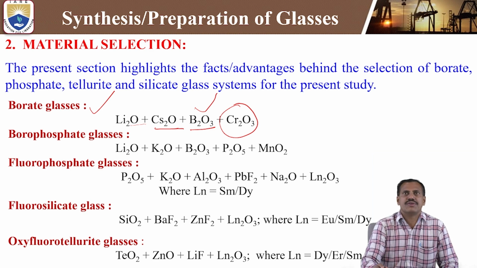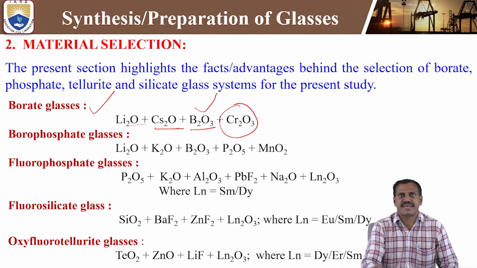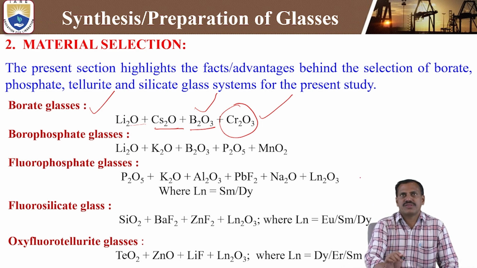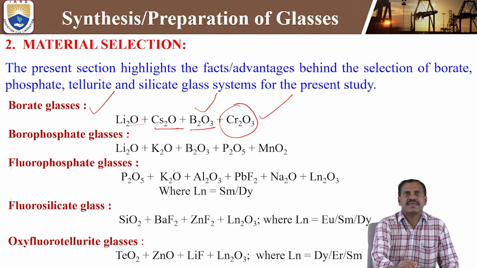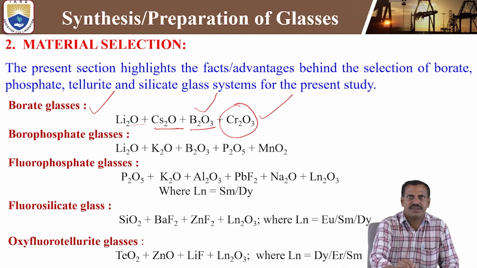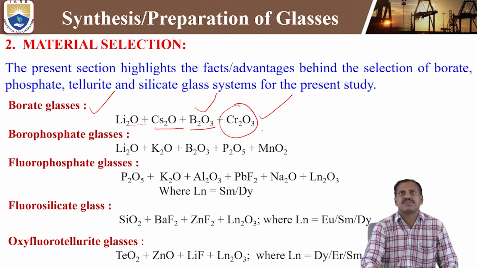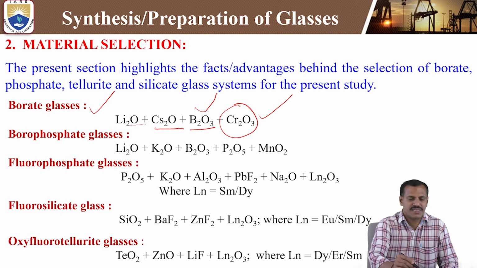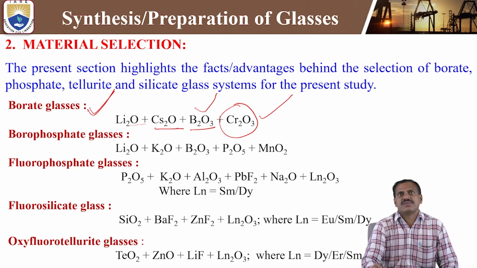So in these borate glasses, B2O3 is the glass former, the remaining composition of lithium oxide and cesium oxide are the glass modifiers, and Cr2O3 is the dopant. By doping chromium oxide into the borate glasses, we prepare this one type of borate glass.